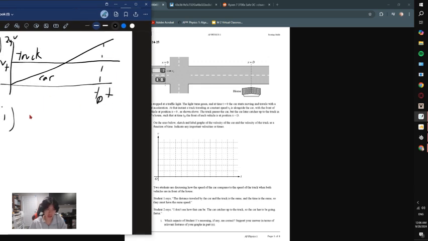Although yes, the distance traveled by the car is equal to the distance traveled by the truck, and the time of the car equals the time of the truck, it is incorrect to say they must have the same speed based on this reasoning. They have the same speed at this point over here on the graph, and they have not met up here.